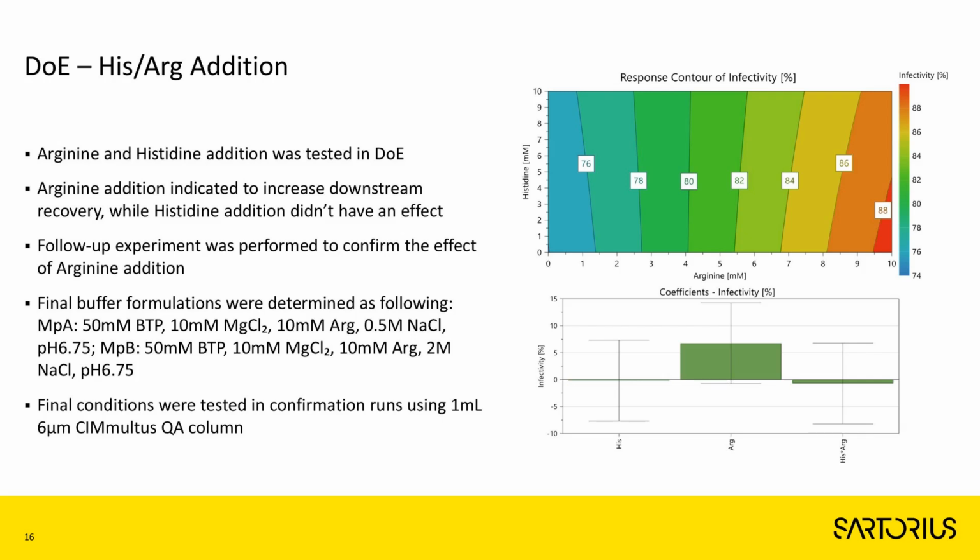And you can also see this reflected in the contour plots, where the highest level of recovery was achieved with the 10 millimolar arginine addition. As the effect of arginine was also inside the range of error, we also confirmed the beneficial effect of arginine addition in a separate follow-up experiment.